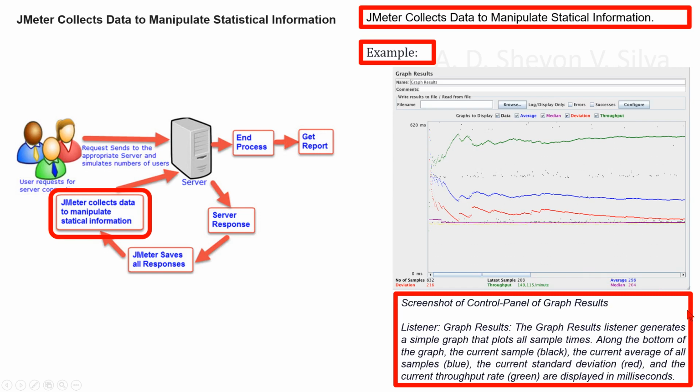Along the bottom of the graph, the current sample in black, the current average of all samples in blue, the current standard deviation in red, and the current throughput rate in green are displayed in milliseconds.